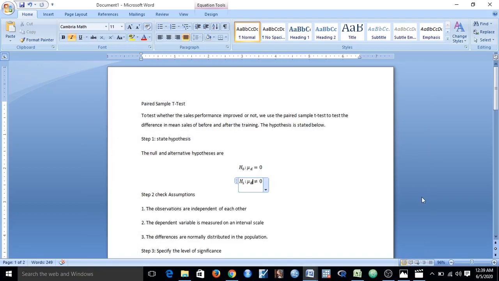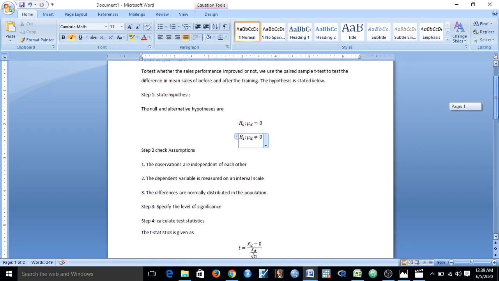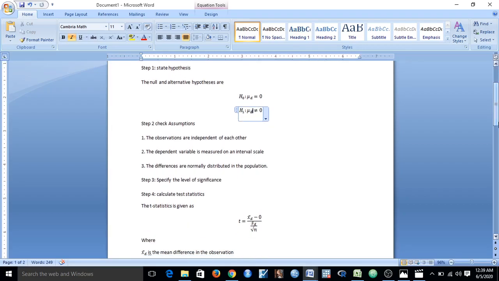The second step is to check our assumptions. So we have that the observations are independent of each other. That is, all the observations are not related. One does not depend on the other, which connotes that all the samples were random. Then the dependent variable is measured on an interval scale.